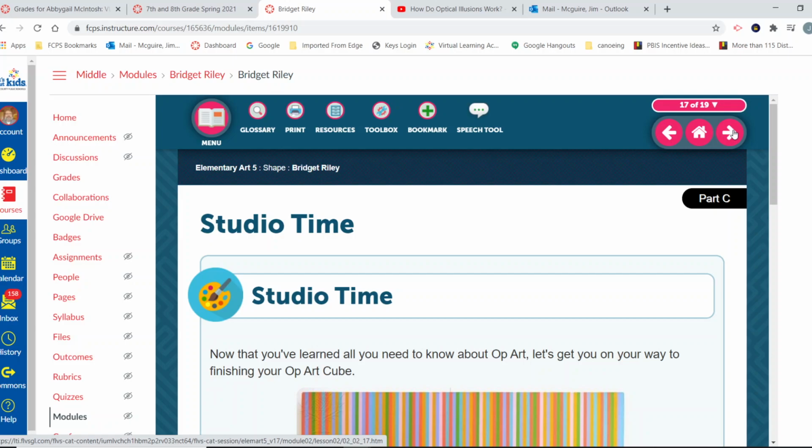Chroma meaning color. Chromatic, color that has hue. And last but not least, remember that Dutch painter, that Dutch artist, Piet Mondrian. He's the artist who also did not work with tools like Bridget Riley.